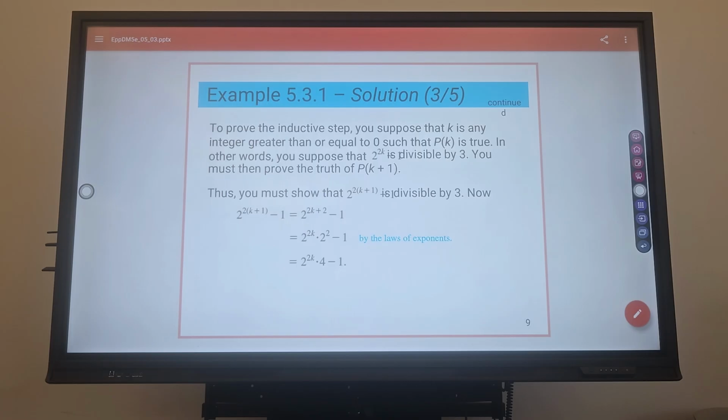So now you have 2^(2(k+1)) minus 1 is equal to 2^(2k) times 4 minus 1.